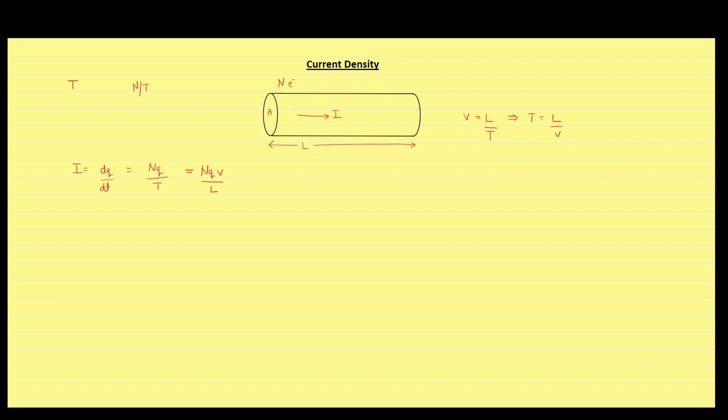Current density, which is usually represented by J, is a parameter which is equal to current flowing inside the conductor per unit cross-sectional area of the conductor.